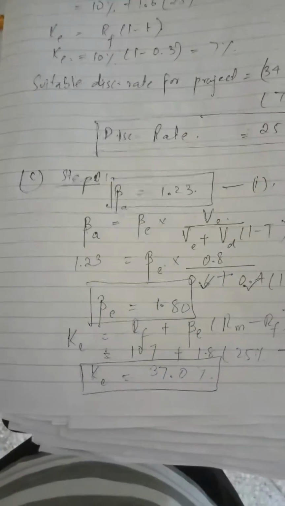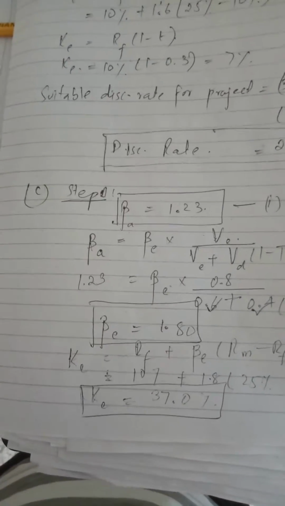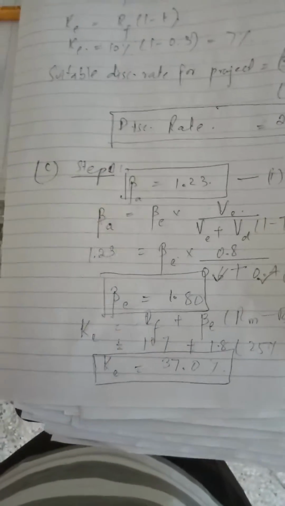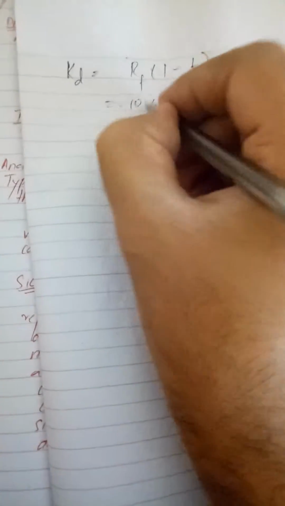So this is how you find the cost of equity, and the cost of debt would be RF × (1 − T), that is 10% × (1 − 0.3), so 7% cost of debt.